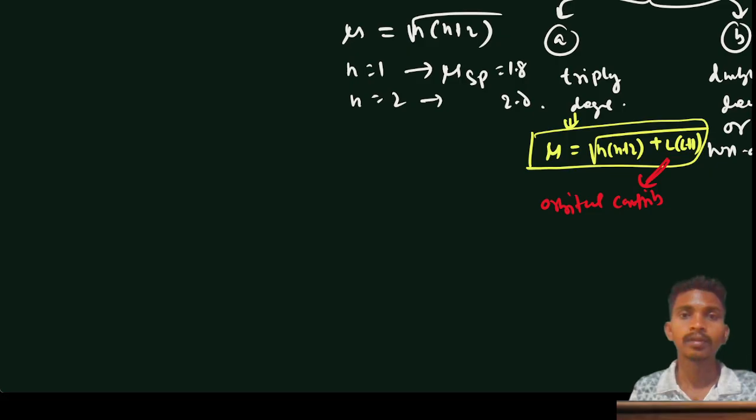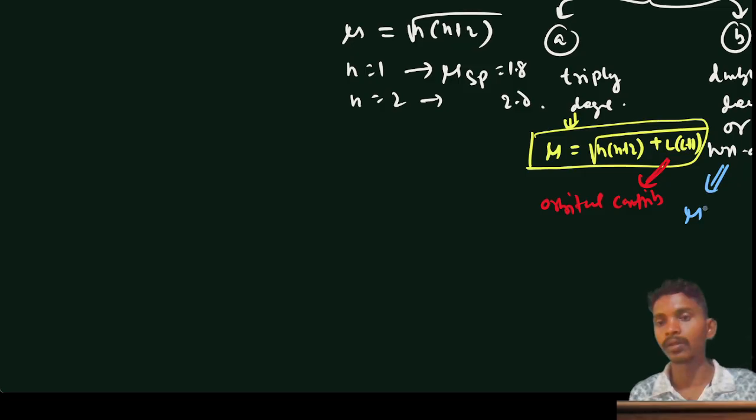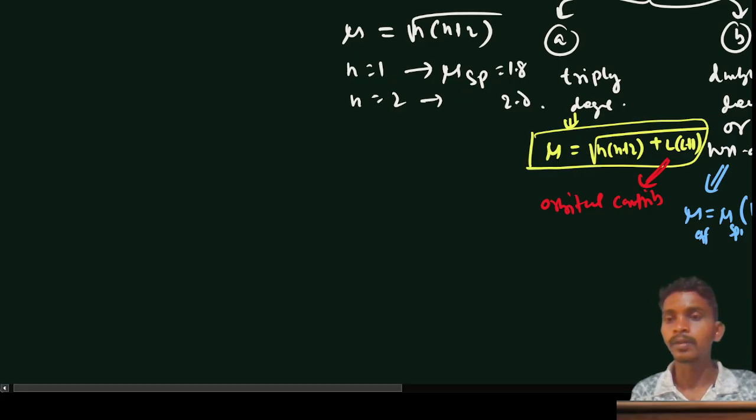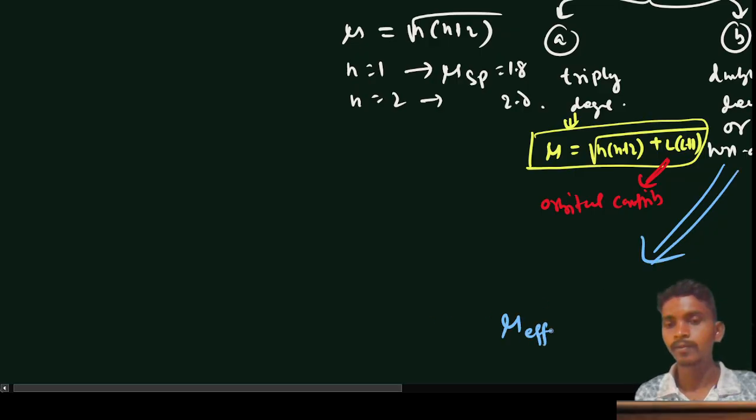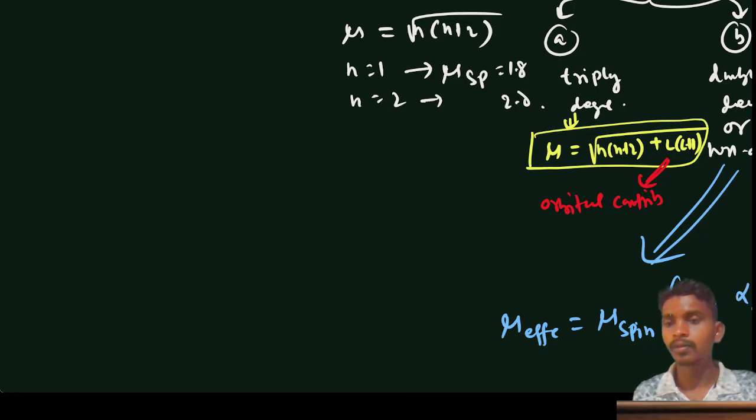This is the orbital contribution. Now, in the doubly degenerate case, the effective value is the spin only magnetic moment times (1 minus alpha lambda over the splitting energy).